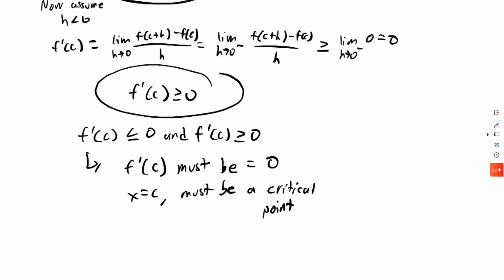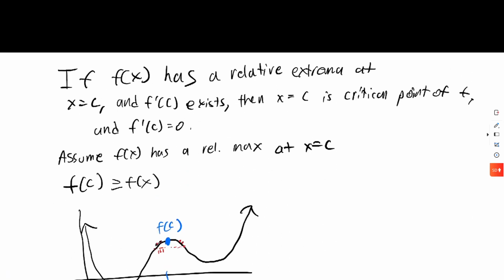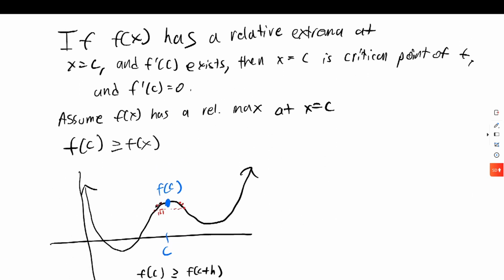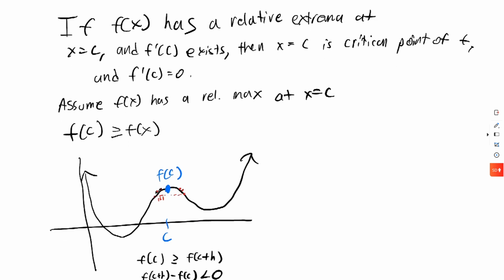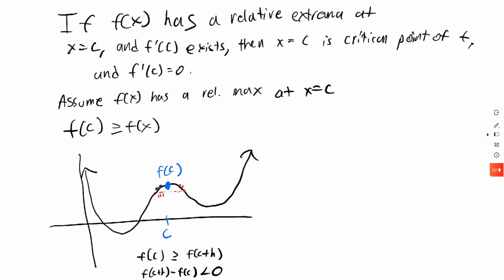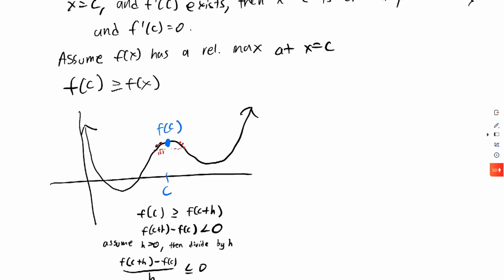There's your proof. So remember our hypothesis: if f has a relative extrema at x equals c, and in this case we're talking about a relative maximum, and f prime of c exists, then x equals c is a critical point of f, and f prime of c must be equal to 0.